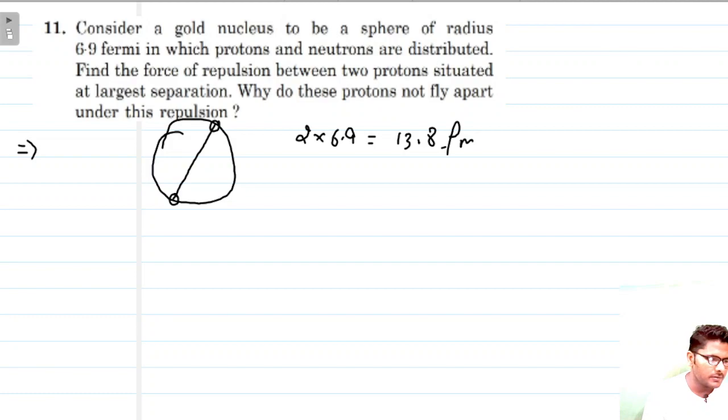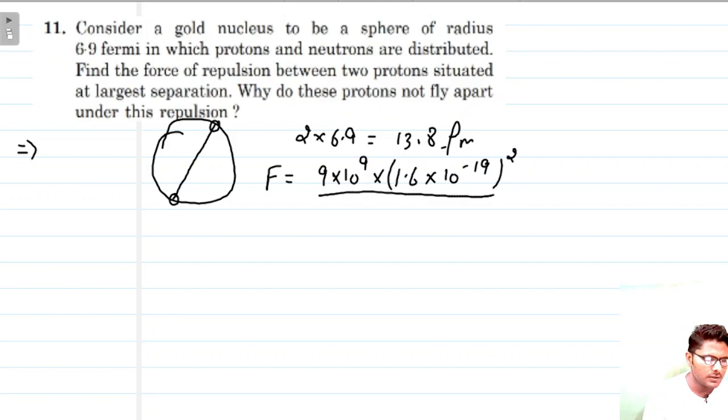So we have to calculate the force. The repulsive force will be 9 into 10 raised to power 9 into Q1 Q2, where the charge is the charge on a proton. Both are protons, so it is the square of this quantity over r square, and r here is 13.8 fermi, that is 10 raised to power minus 15 meters.